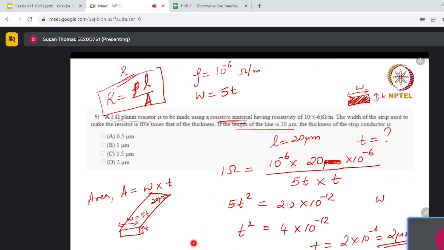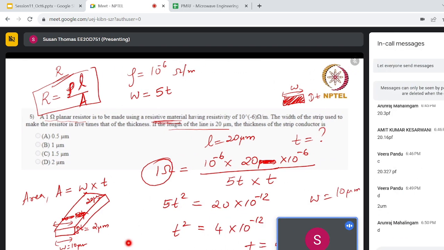So what will be the width of the strip? 10 micrometer. So the final conclusion is, a width of 10 micrometer, thickness of 2 micrometer, and a length of 20 micrometer can realize a resistor of 1 ohm. I hope you understand the concept of this question.